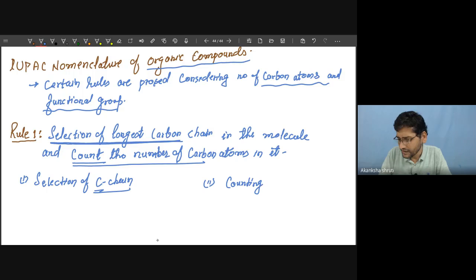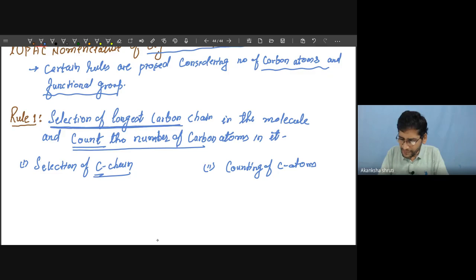Counting of carbon atoms. A student, for this counting, if the number of carbon atoms is 1, then you shall not use the number 1, but you shall use the name meth.